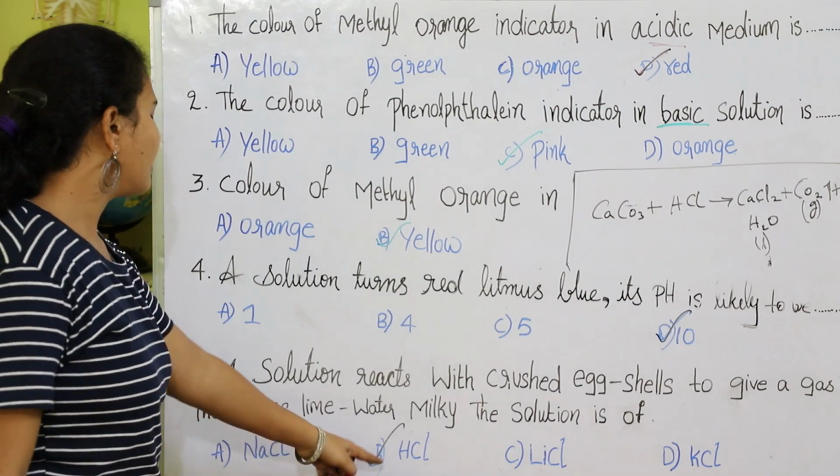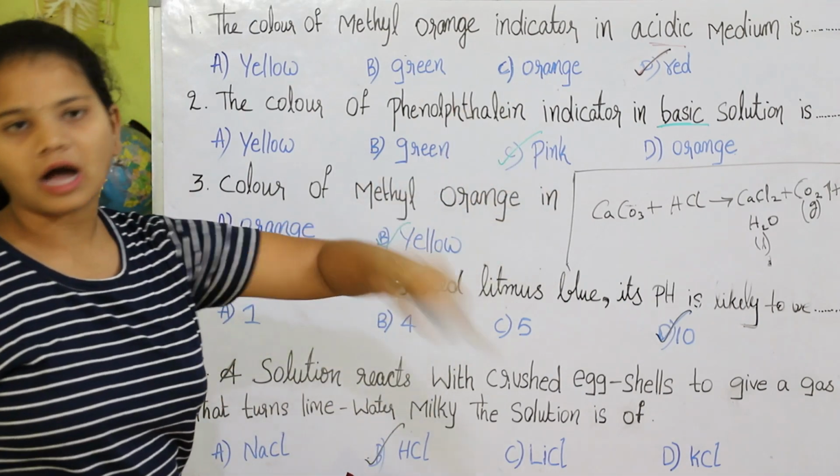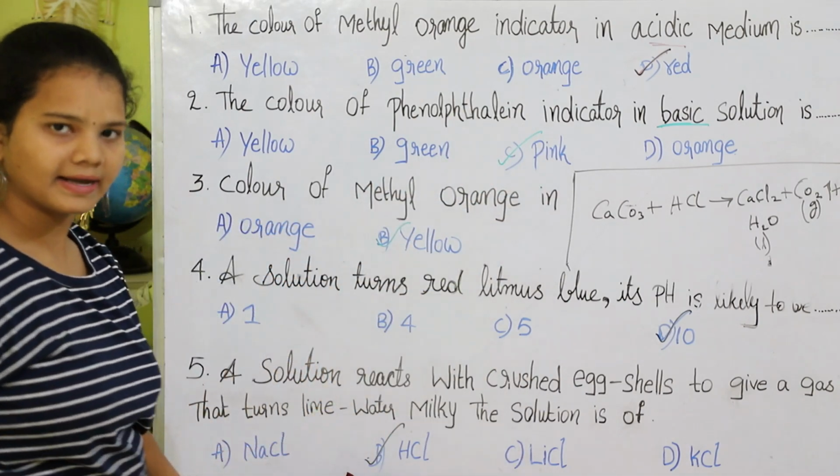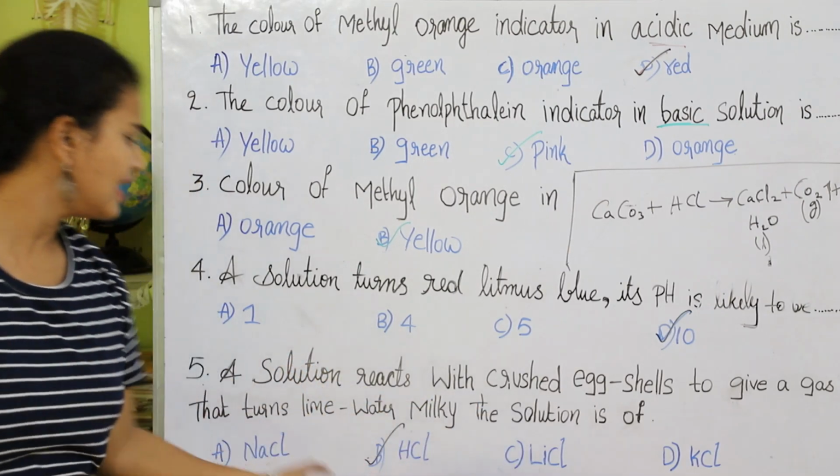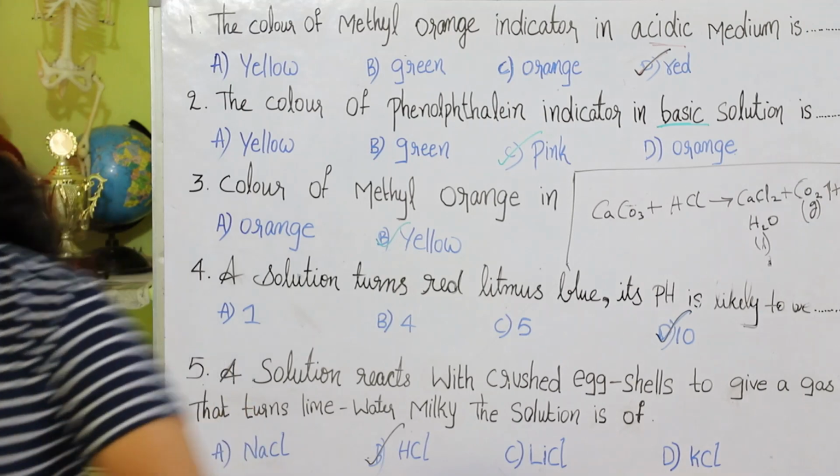So by adding HCl, we are getting carbon dioxide. Clear? Yeah. So therefore, the correct option will be B, HCl.